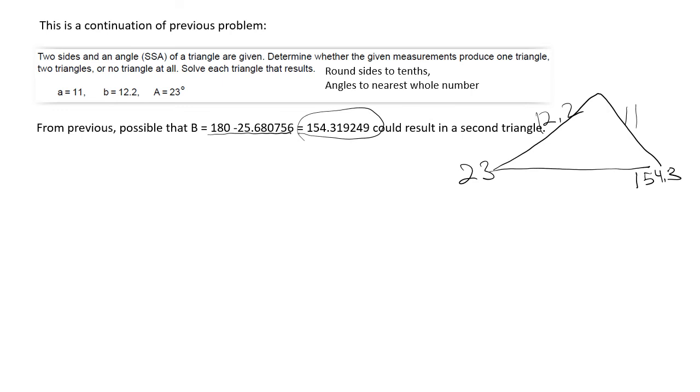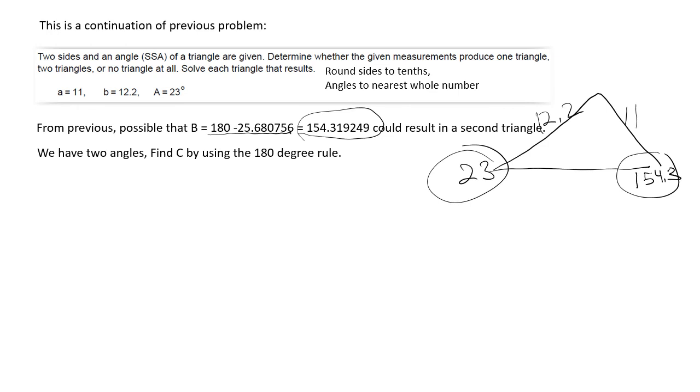So now we have two angles. We'll find angle C by the 180-degree rule. C is equal to 2.68. Oh, got that in the wrong place here, huh? 2.68.